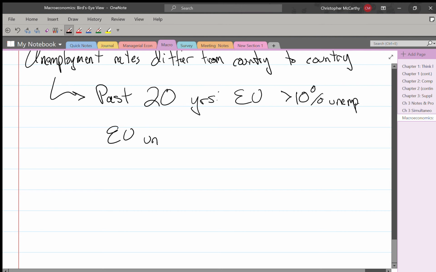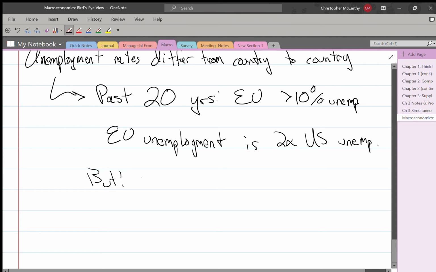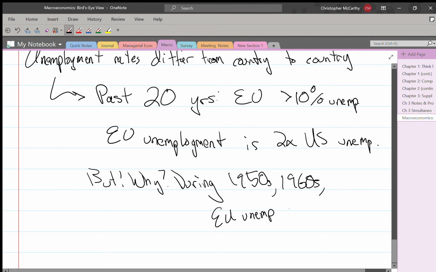European unemployment is double U.S. unemployment. But this is weird, because during the 1950s and 60s, the European unemployment rate was actually lower. We're going to find out more in a future chapter. Would you like to know more? Stay tuned.